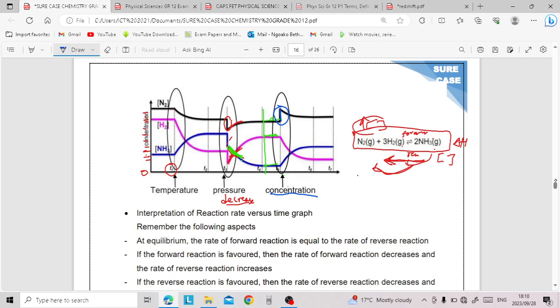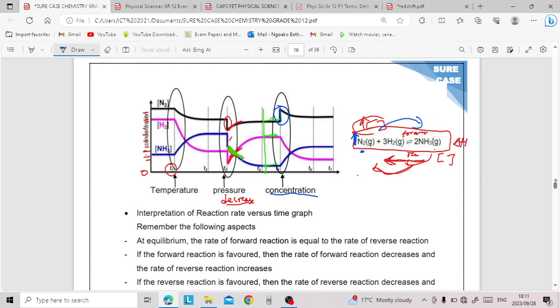So the increase in concentration is for N2, in this case we increased it upward. According to Le Chatelier's principle, the system will shift to cancel this addition. The system changes to cancel this change, so that the levels are balanced again, because they were already balanced and we disturbed them by adding N2.